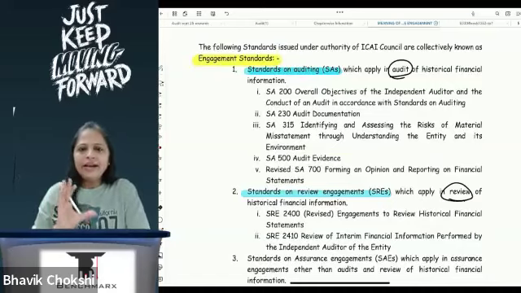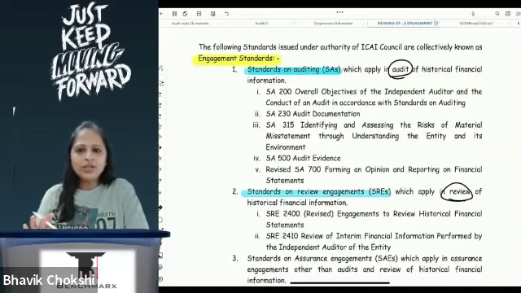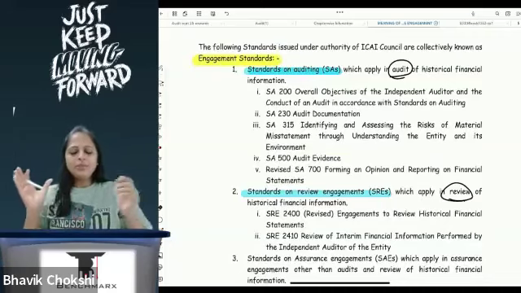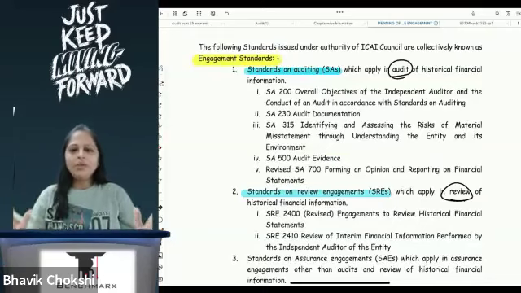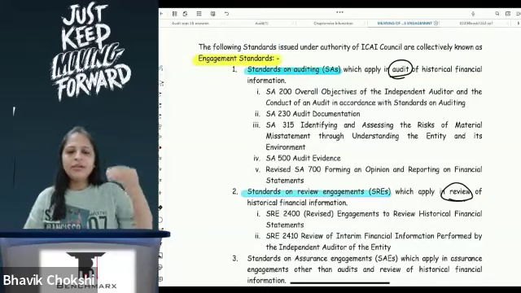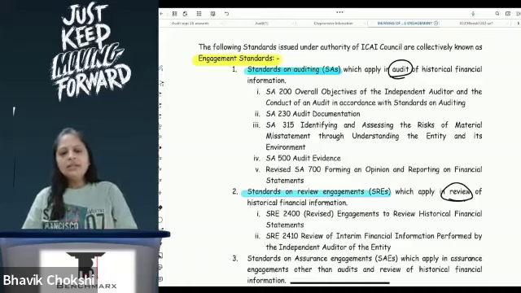Standards are basically guidelines. I cannot apply a clear strict rule saying that everyone in the education industry will be doing this, correct? So I give you broad standards which are applicable to everyone, whether you are into education or hospitality, anything. This standard will be applicable to you, so you have to do your audit as per this standard, correct?